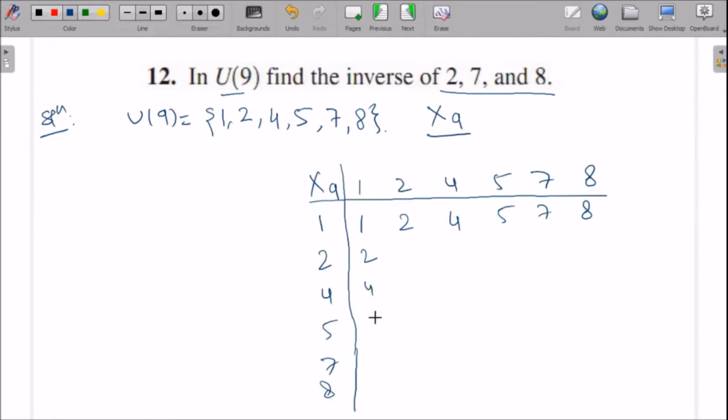When we multiply 2 and 2, this is 4, and then 2 into 4 is 8, and 2 into 5 is 10. 10 divided by 9 leaves remainder 1, and then 2 into 7 is 14. 14 divided by 9 leaves remainder 5, and then we have 2 into 8, 16.